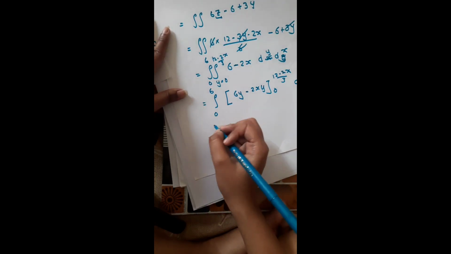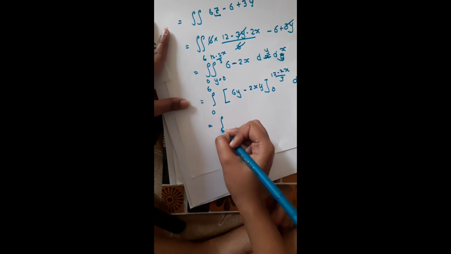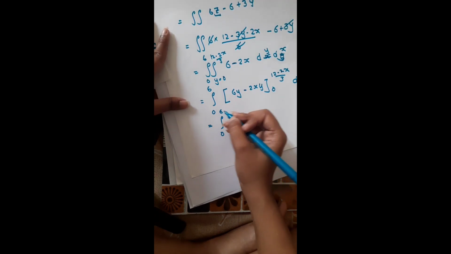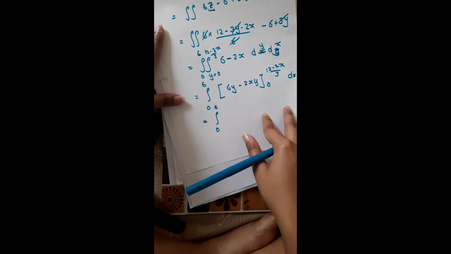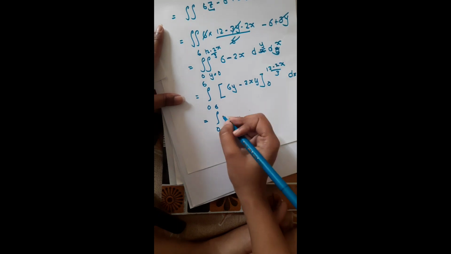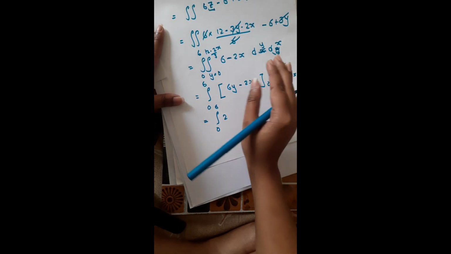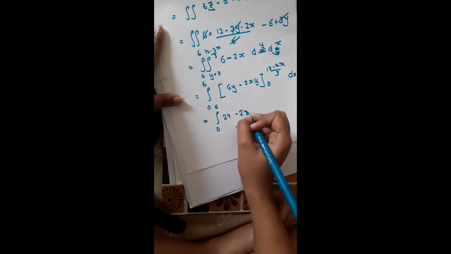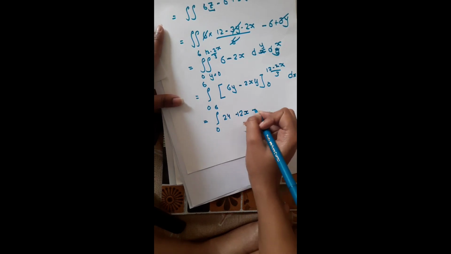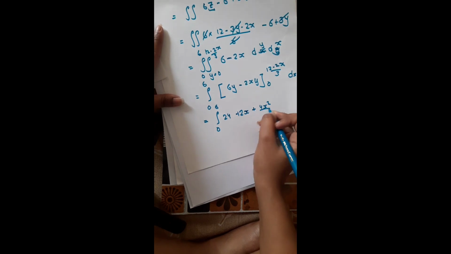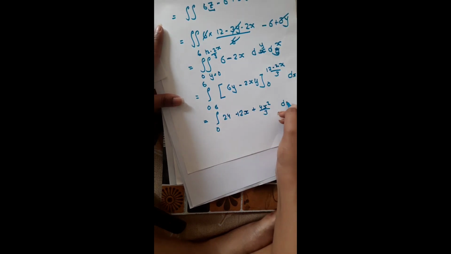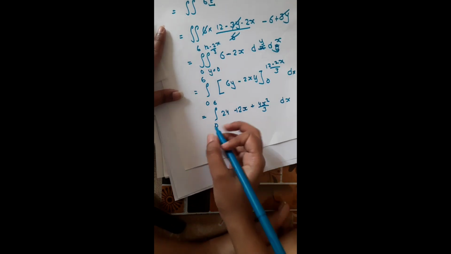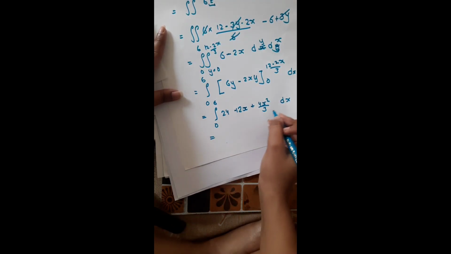Okay, so on simplification I get 0 to 6. I am writing it in short, but you have to do it clearly. On substituting the limit, I get 24 minus 12x plus 4x square by 3. So on substituting the limit, we get this answer. And now we need to integrate this with respect to x.